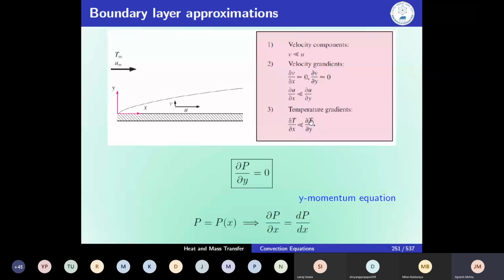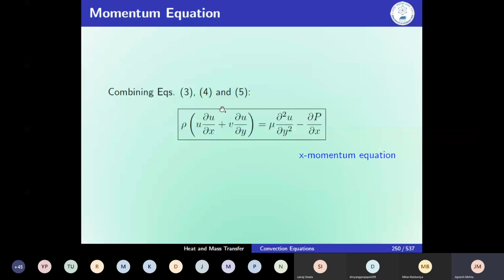It is more significant. So with these simplifications, you can have the y momentum equation very similar to that, except that here you will have v in place of u, and again v in place of u here, and this will be dp by dy. But then what you find is those terms dv by dx and dv by dy, and this is again second order, d square v by dy square, so that's going to be very, very small.